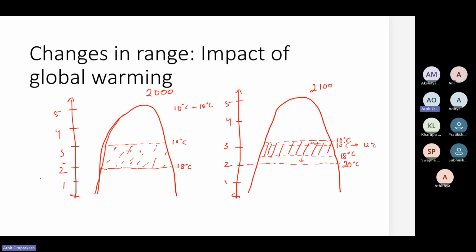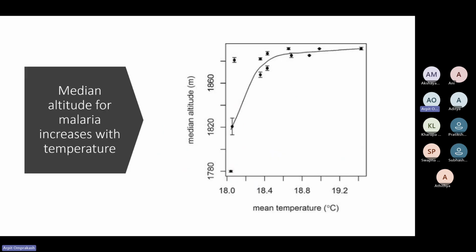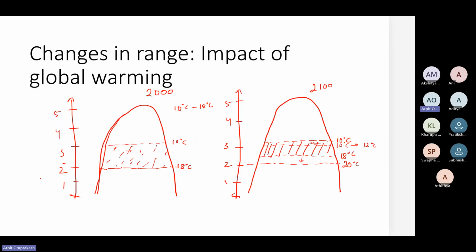This has been noted for a lot of species of insects, such as the mosquitoes that carry malaria. As the temperature increases, the altitude at which you find these mosquitoes also increases, because it is the altitude that is suitable for the same species.